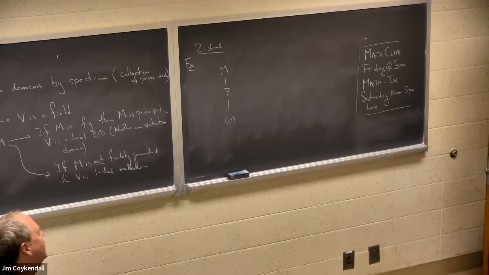And actually, I can build it multiple ways here. Okay. Anybody want to guess which one has to be not finitely generated?